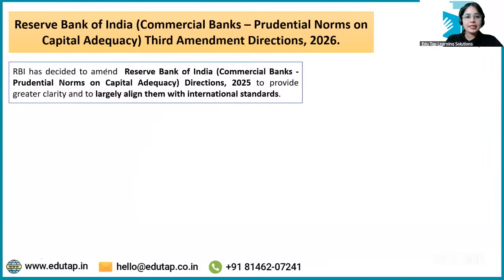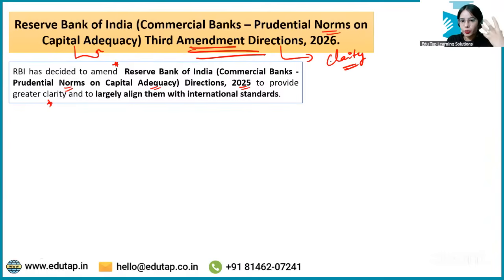So basically, RBI has decided to amend the RBI commercial banks prudential norms on capital adequacy. There are certain norms, certain rules and regulations regarding the adequate capital that the banks have to maintain. Directions 2025 to provide greater clarity. There is the amendment to provide greater clarity and to largely align them with the international standards.